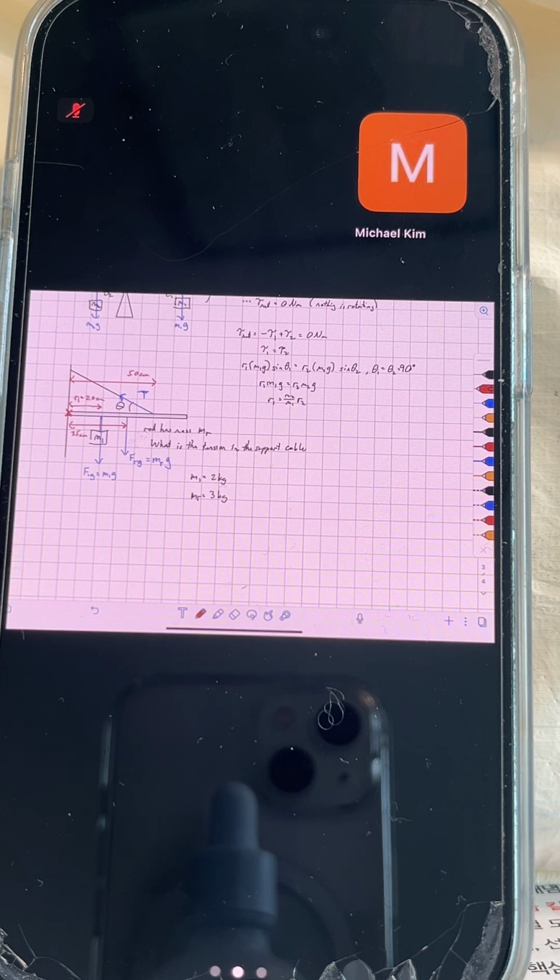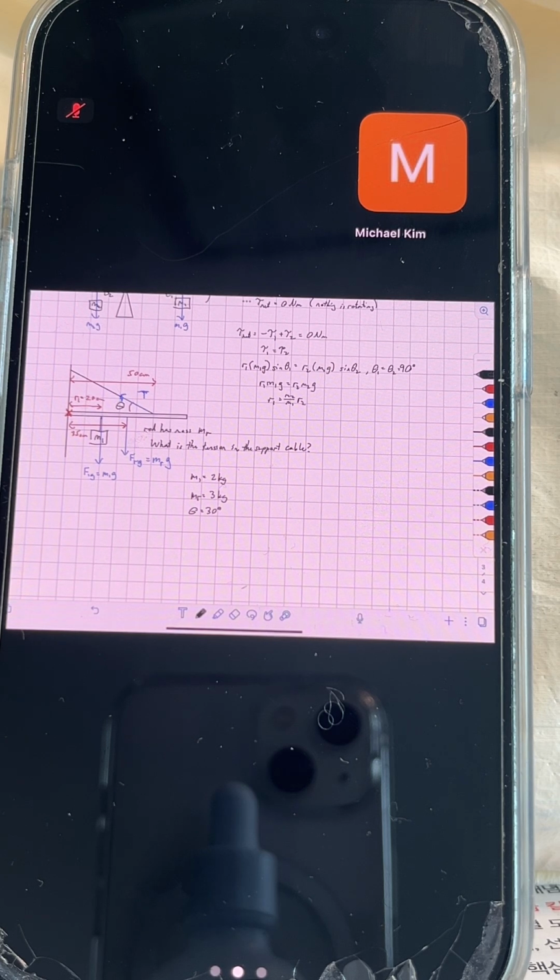And so let's say our angle, let's just say it's, say, 30 degrees, right? And then again, what we know here is that we're in static equilibrium, so we know that our net torque has to be 0, right?